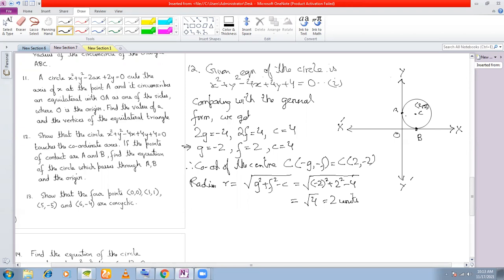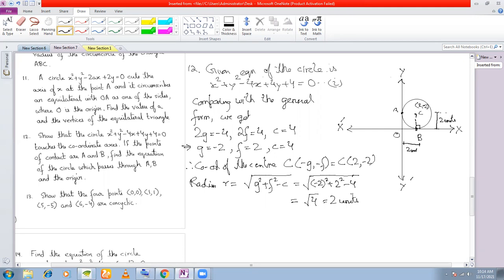Now see here, if the coordinates of the center is 2, minus 2, then how much is this length? 2 units, right? Draw a perpendicular here. How much is this length? 2 units, right? So if a circle touches the x-axis, what should the radius be equal to?